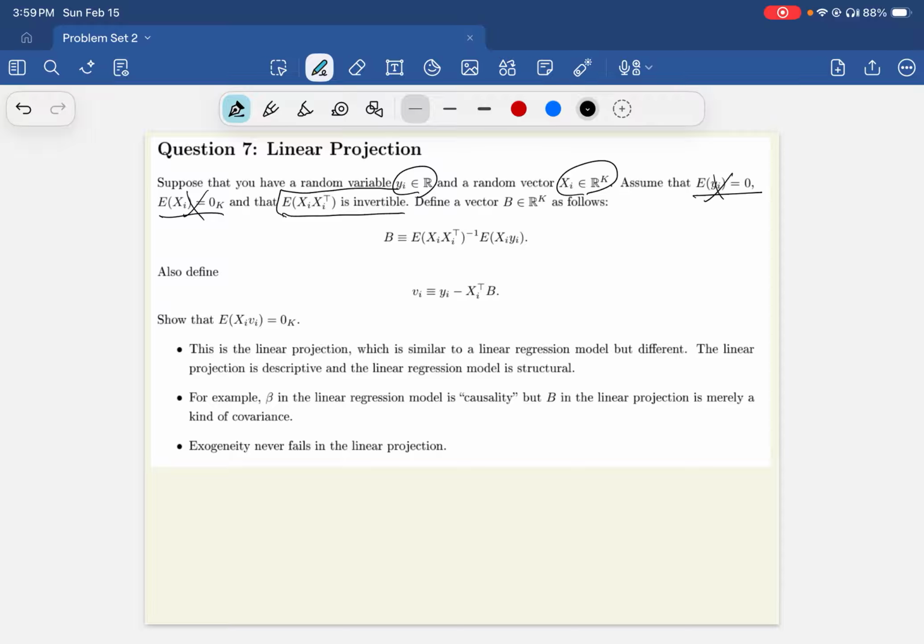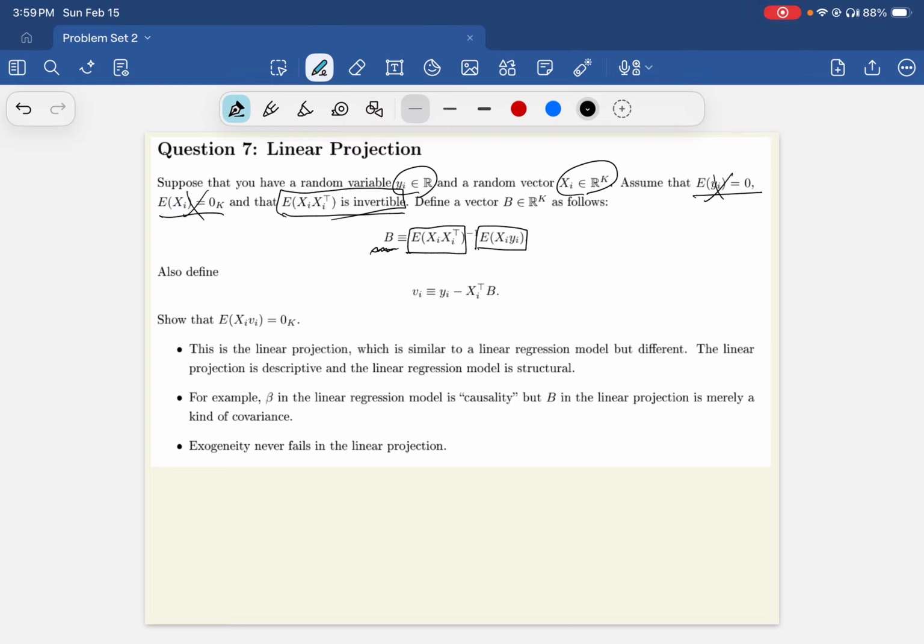So the only assumption I'm making here is invertibility, the full rank assumption. And then under this assumption, you can calculate this covariance and this variance, right? And then that is b. So this is the slope of the line going through x and y, right?